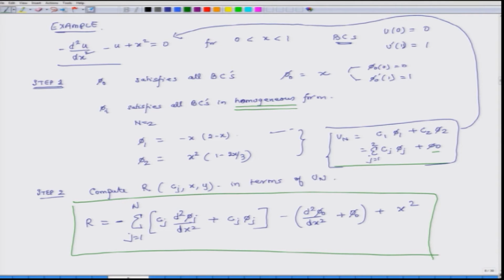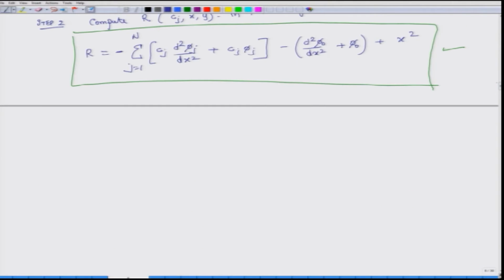This is my residue. This is the statement for residue, and one thing I wanted to correct here is that in this definition of u n there should have been a phi naught also, because in the second statement phi naught is already included there. Okay. So, that is my definition of residue.